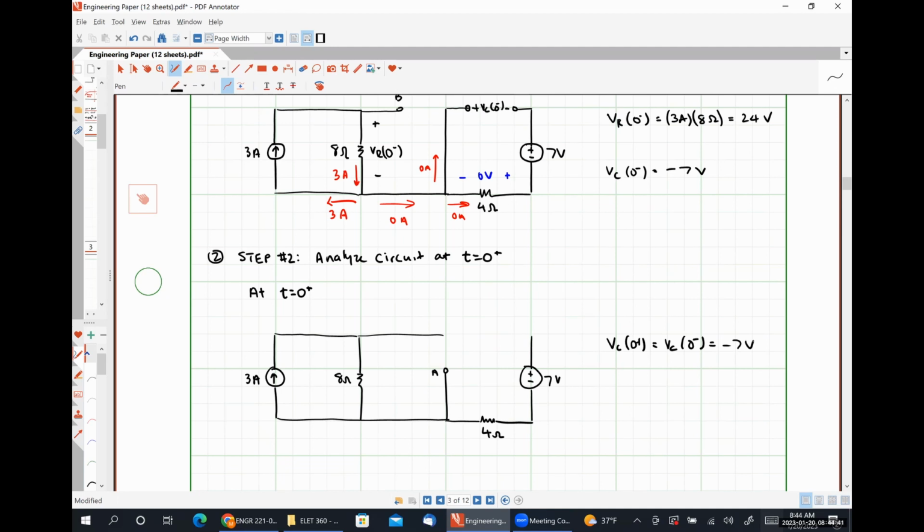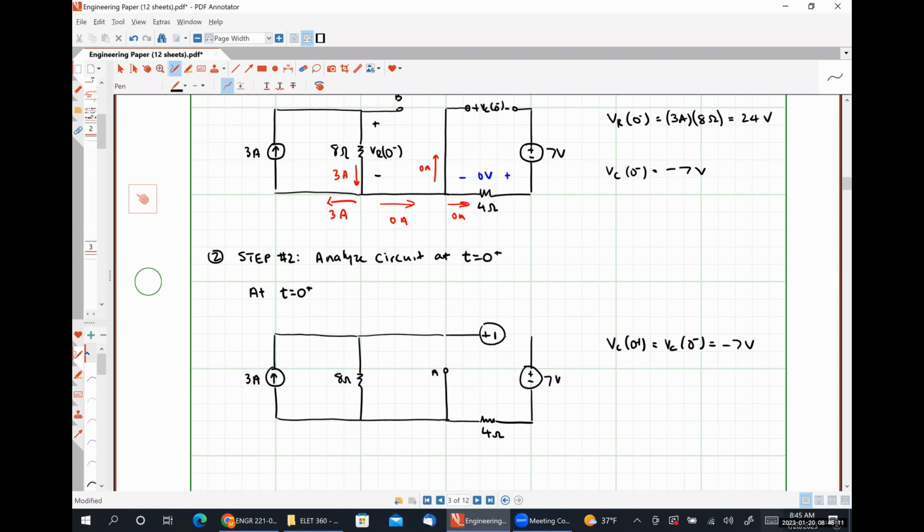So this relationship describes an independent voltage source, right? Because an independent voltage source provides a fixed amount of voltage regardless of the amount of current that's flowing through it. So we're going to have a voltage source having the same polarity as our capacitor. So positive on the left, negative on the right, because that's how it was defined up above.